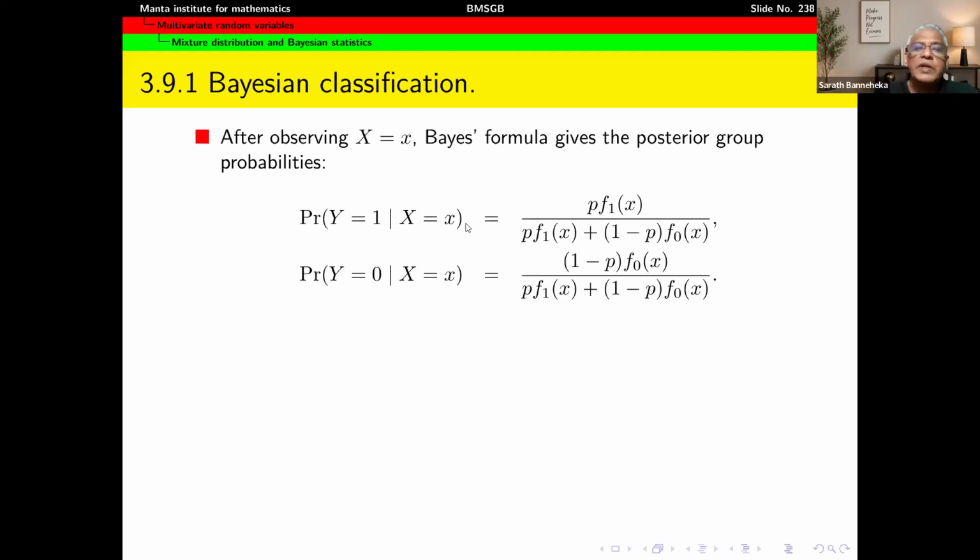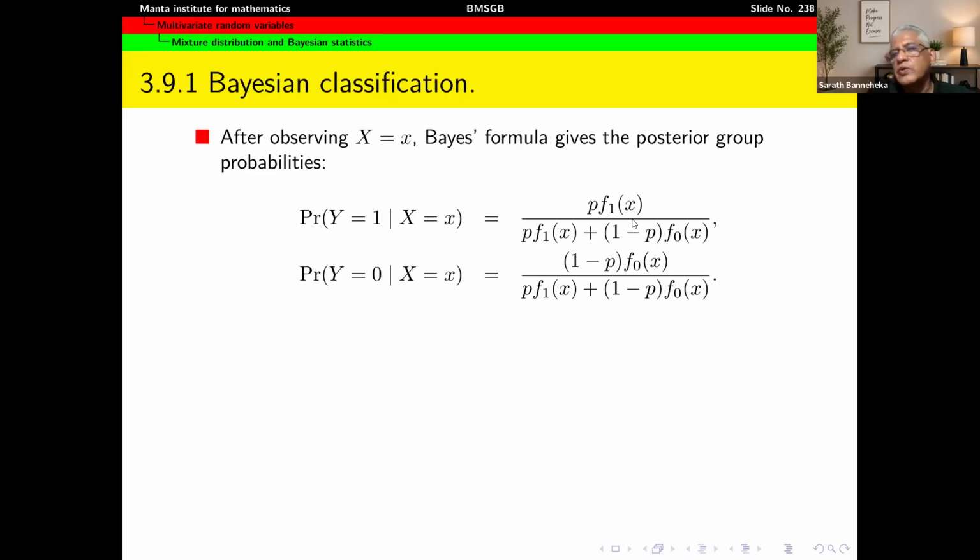So this expression we can obtain using the Bayes formula, right? The Bayes formula for random variables was discussed in the previous lecture. So please, if you have not looked at that, please go through that lecture video. Here I'm directly applying that formula.